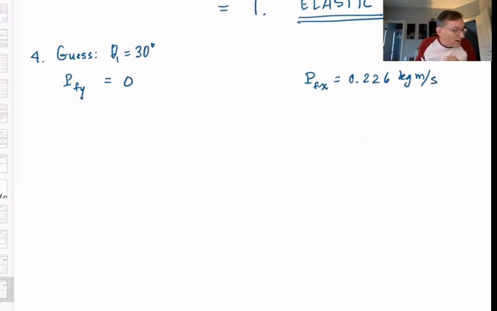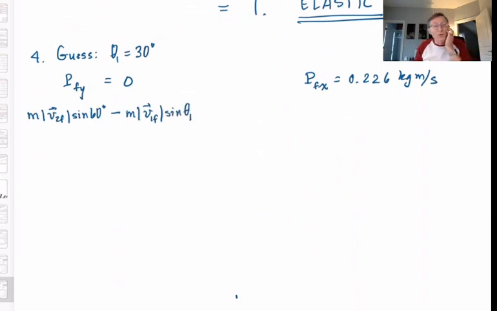So, particle 1 and particle 2. Particle 2 has the positive y momentum. It will be m v2 final sine 60. And particle 1 will have negative y momentum, m v1 final sine θ1. I'm guessing θ1's 30, but I don't know. And that total must equal 0.